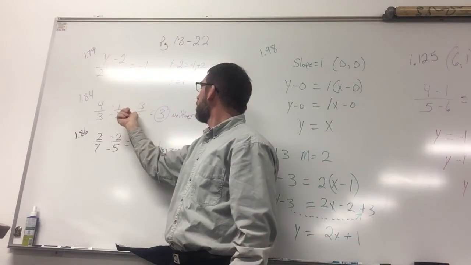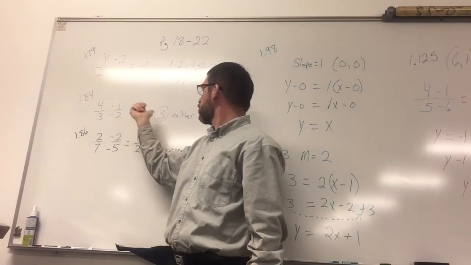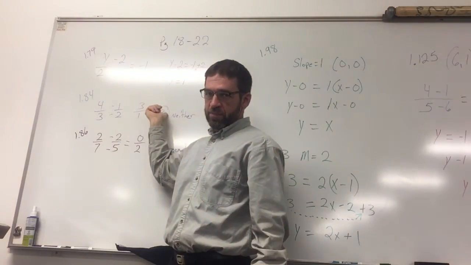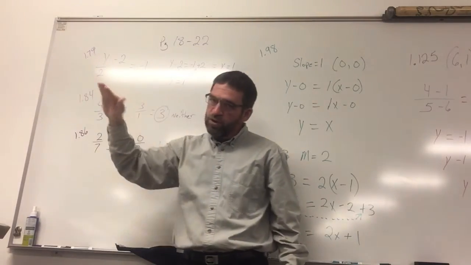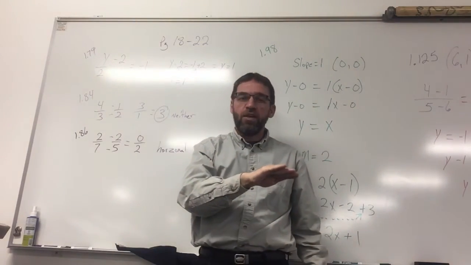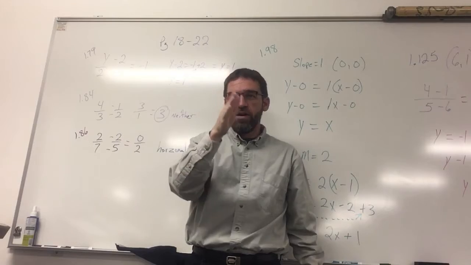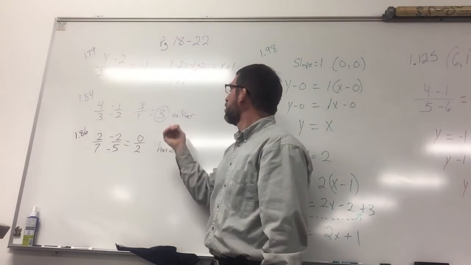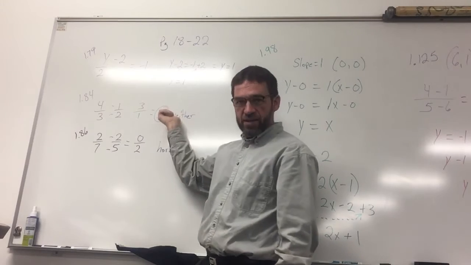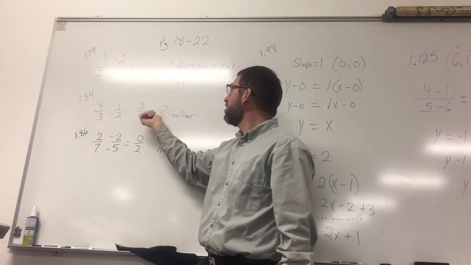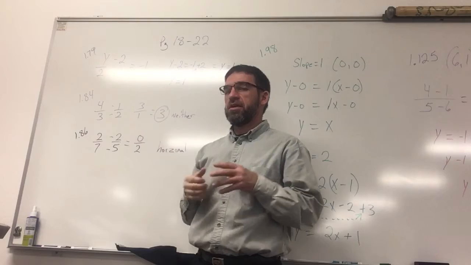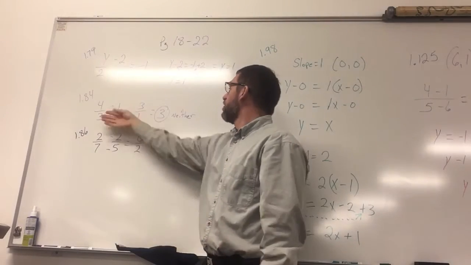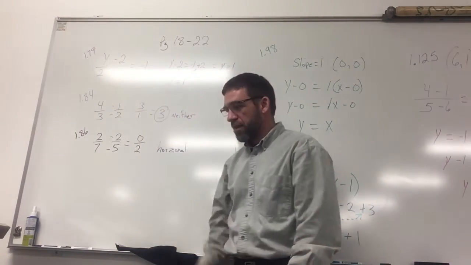So you have 3 over 1, and so your slope is 3. Well, that means the slope is going on a 3, and that is not an upright, that's not a vertical nor horizontal. So you write neither. You don't need to put the 3 down, but you have to do this figuring to come out to that.